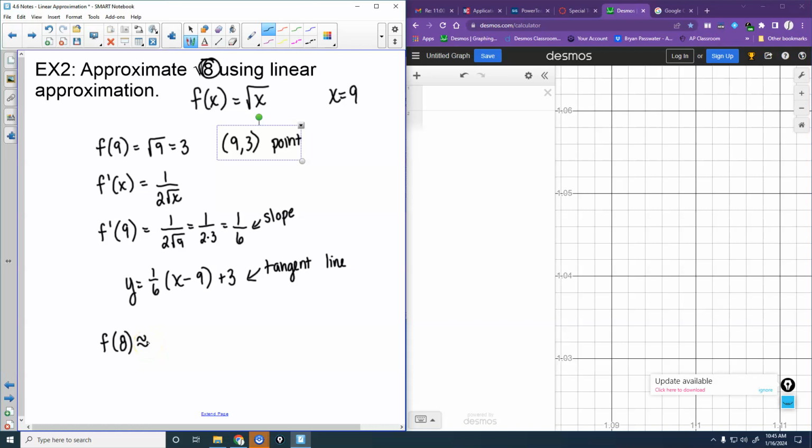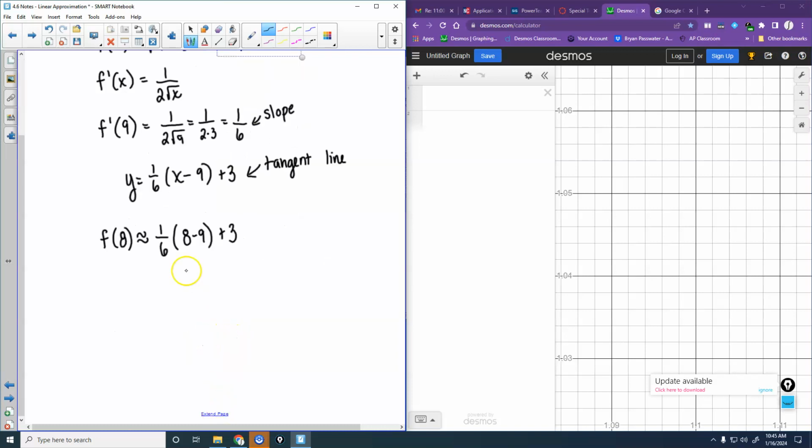This is not what the square root of 8 equals. It's an approximation. So I have 1/6 times 8 minus 9 plus 3, which is going to give us 1/6 times -1 plus 3. So we've got -1/6 plus 3.